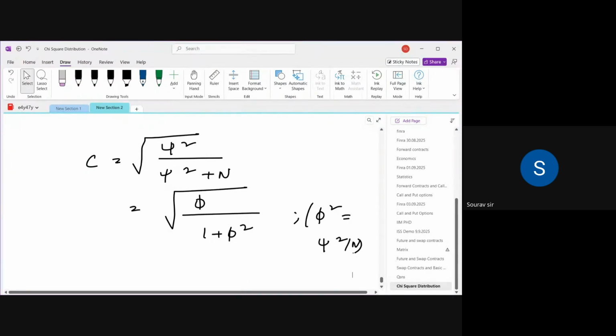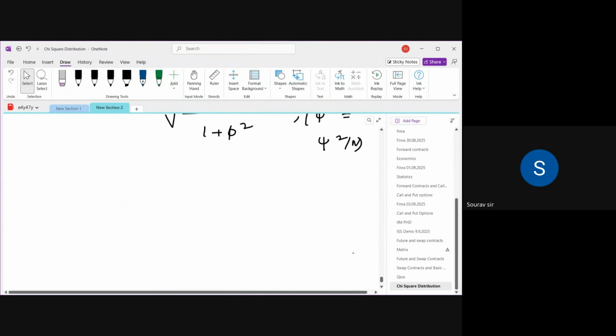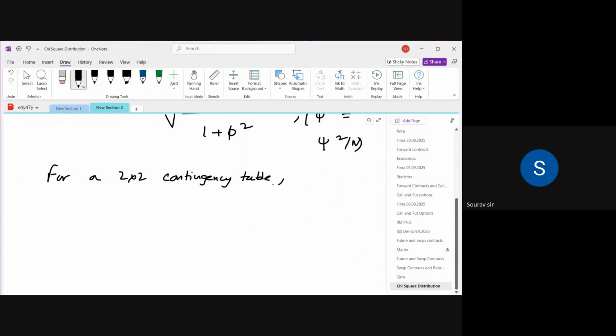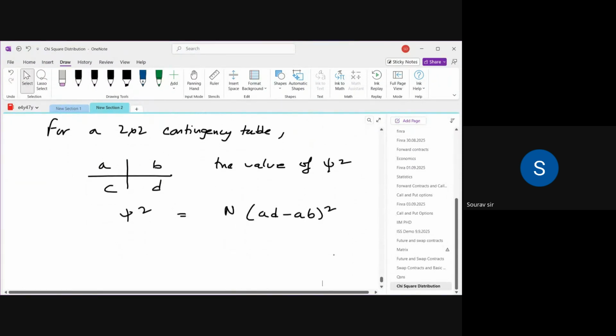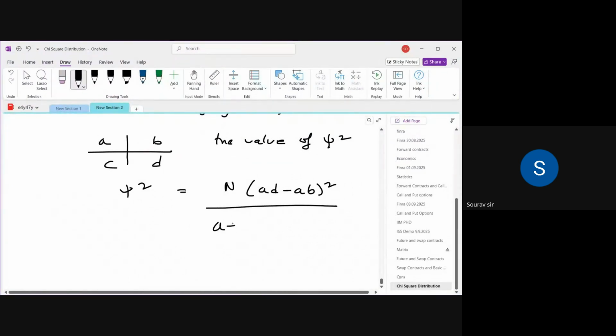And for a 2 cross 2 contingency table, because just now I have shown you the table, we have A, B, C, D. The value will be given by N times (AD minus BC) squared, divided by (A plus B)(C plus D)(A plus C)(B plus D).